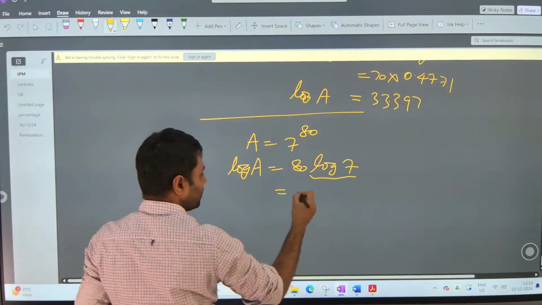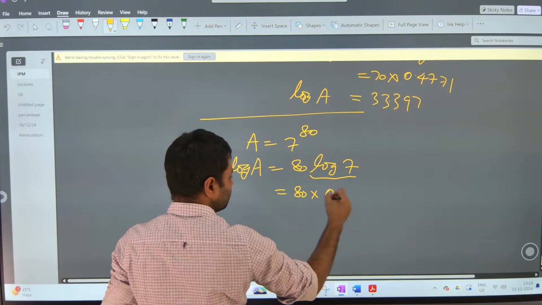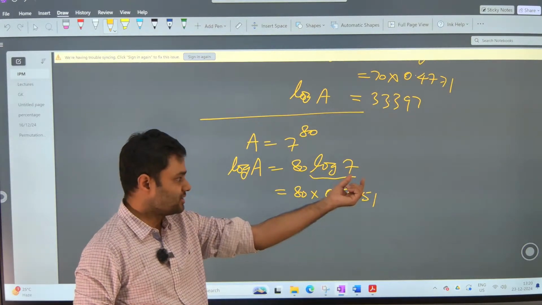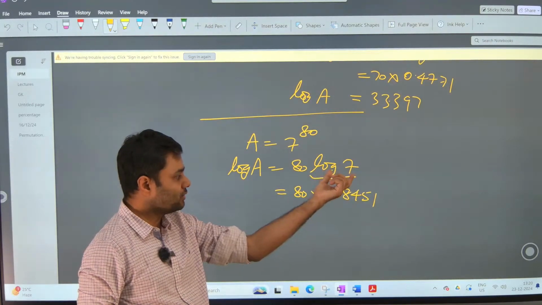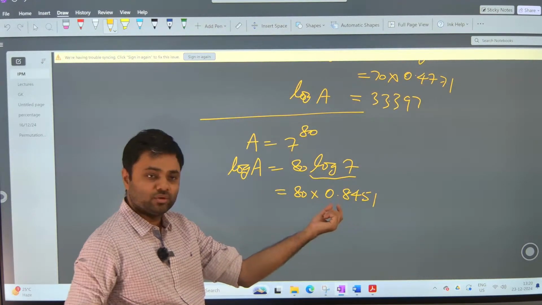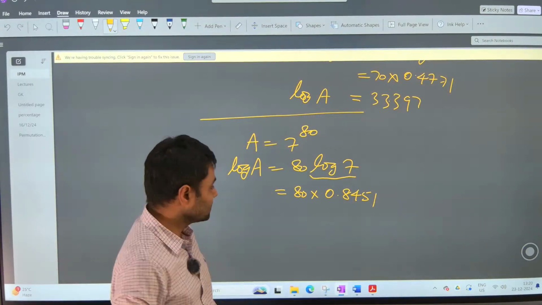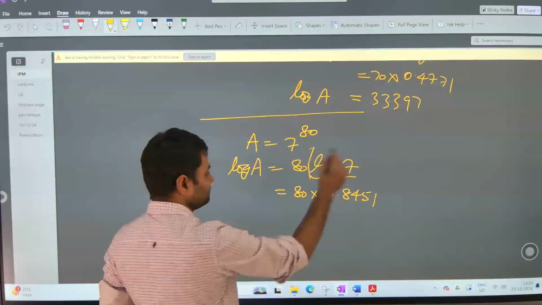So I can say log A will be 80 times 0.8451. Again the same logic: because it is a single digit number, when you write its log value it will have a 0 before the decimal and after the decimal the value that we got in the table. So that's how we get the value of log 7.